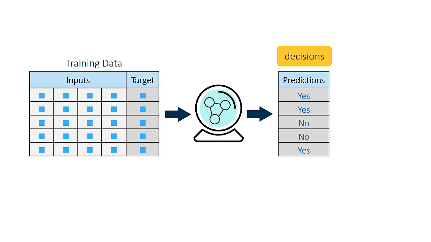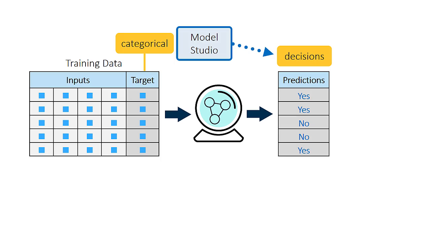Decision predictions are used, for example, in handwriting recognition, fraud detection, and direct mail solicitation. Decision predictions usually relate to a categorical target variable. By default, Model Studio assumes decision predictions when the target variable is categorical, binary, nominal, or ordinal.